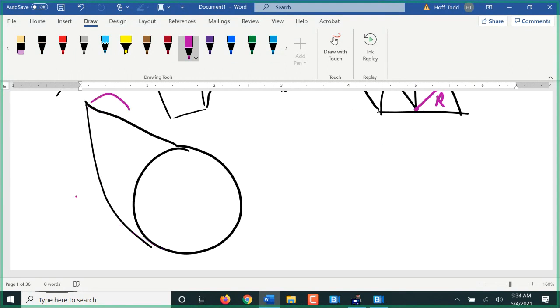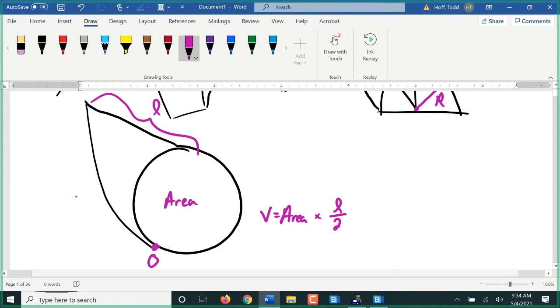If this length here is L, that would be equivalent to the height of the cylinder. We would just take the area of the circle, and for volume, we would just take that area of that circle times L over 2, because that's the average height. On this side, the height is 0, because it cuts all the way down to the circle. On that side, the full height is L. So it's area of the base times the average height.